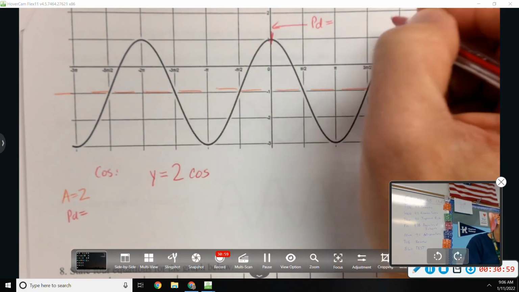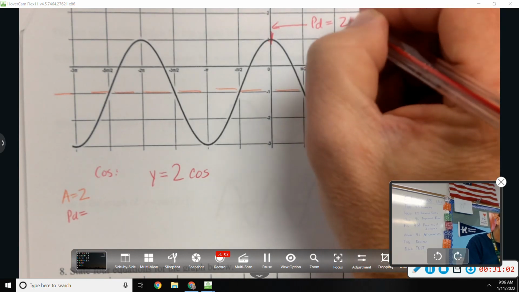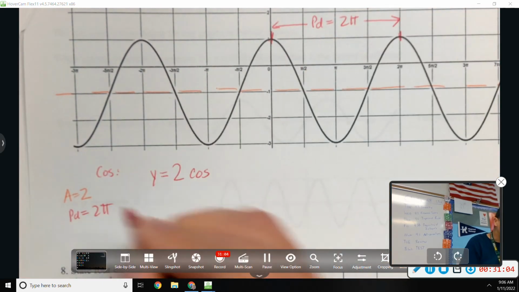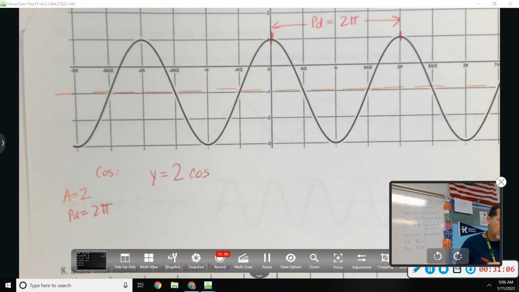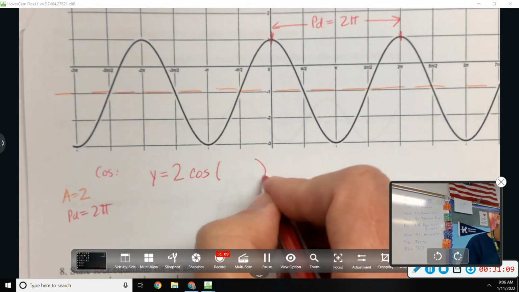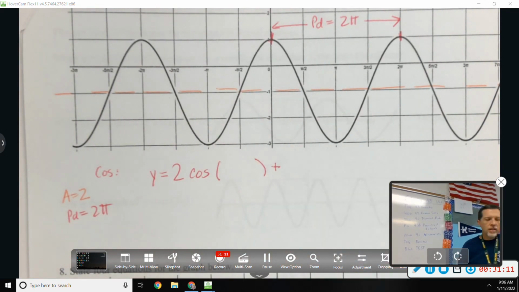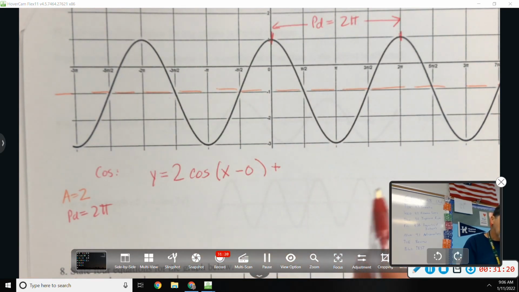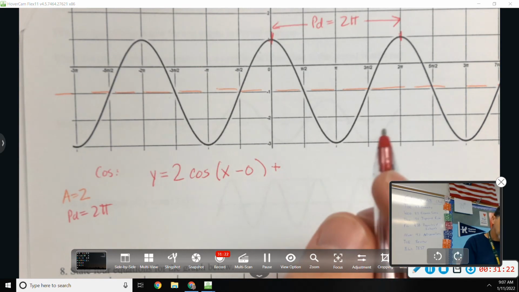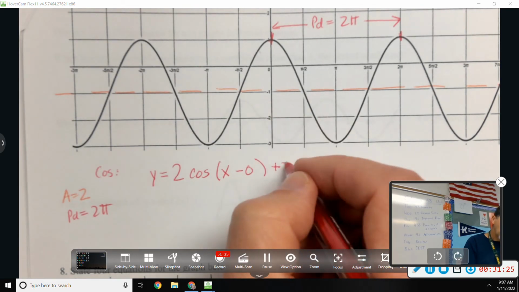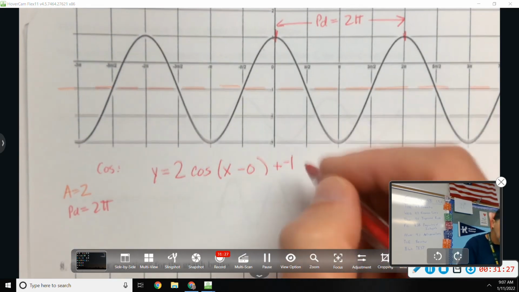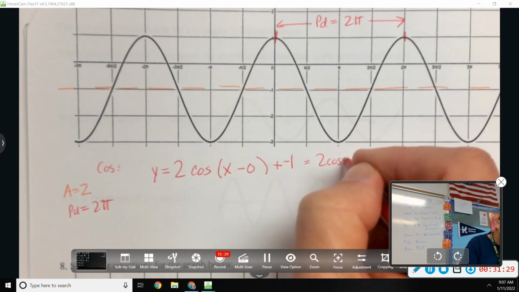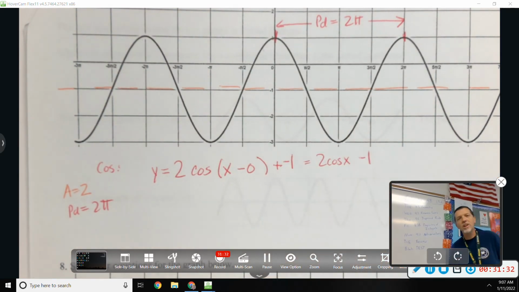How far is it from peak to peak? 2 pi. So that's good. That means we don't have to change what b is. And then what's my left-right shift if this is a cosine? None. And what's my up-down shift? It's 1. Yeah, down 1. So probably the easiest equation you could write is 2 cosine x minus 1.